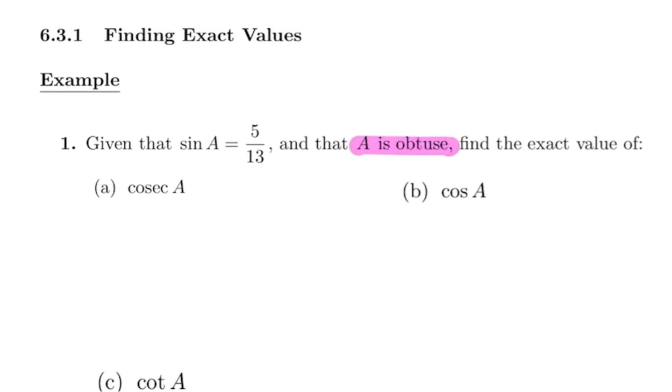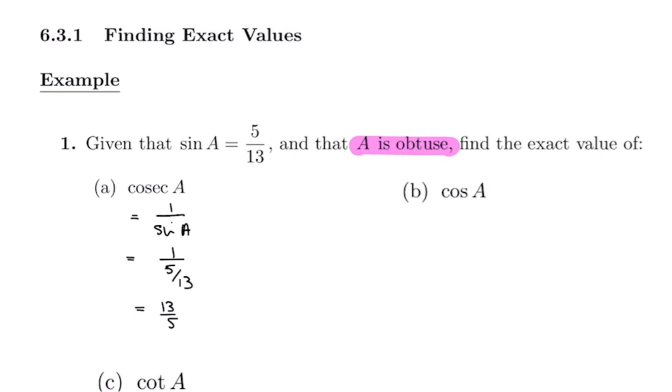Then find the exact value of cosec A, cos A, and cot A. The first thing we've got to look at is cosec A is 1 over sine A. So it's the reciprocal of sine A, so that's 1 over 5/13, which is 13/5. That's just a basic reciprocal.